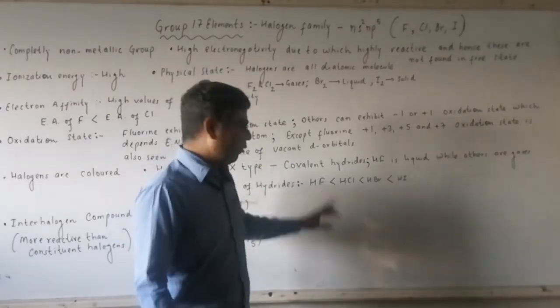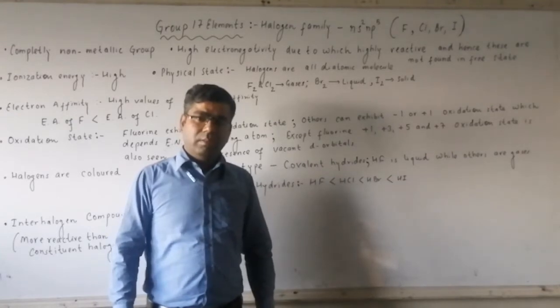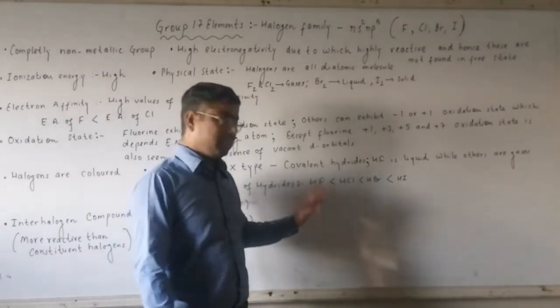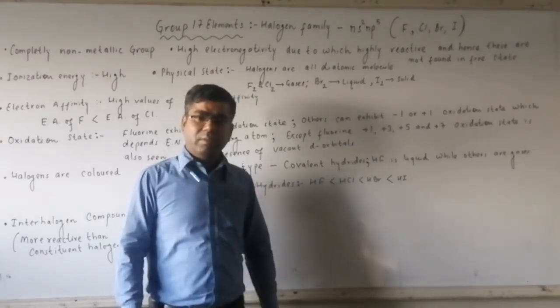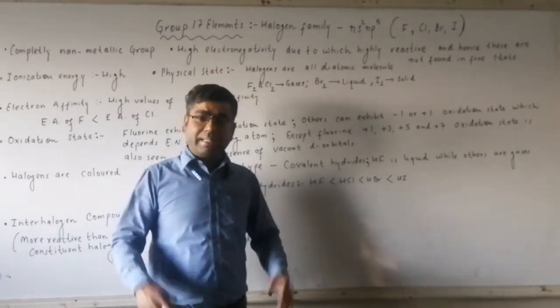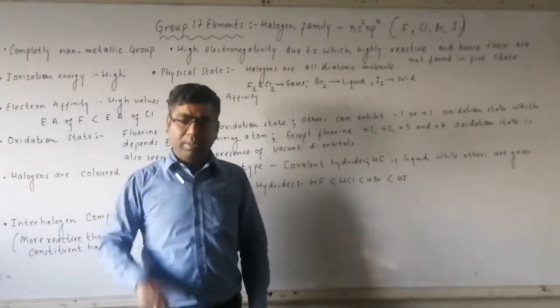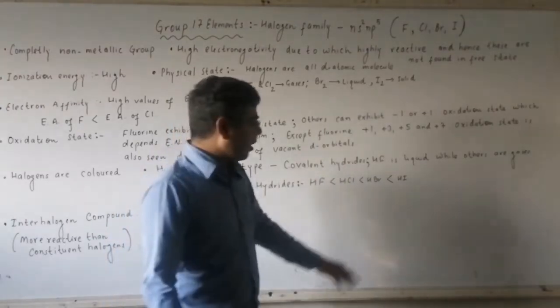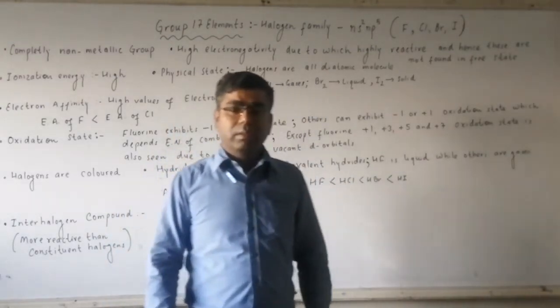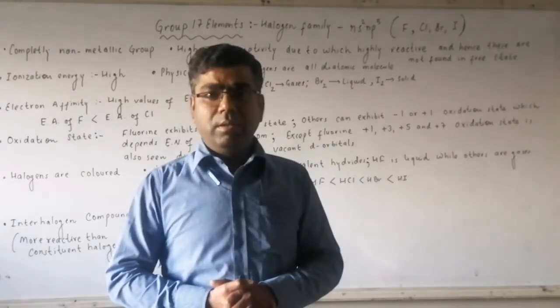The size of F is smallest among the halogens. So bond length is very small in HF. Bond strength is more in HF. So release of hydrogen in the form of H+ is not possible. Also, there is H bonding. But if we talk about HI, the atomic size of iodine is largest among the halogens.